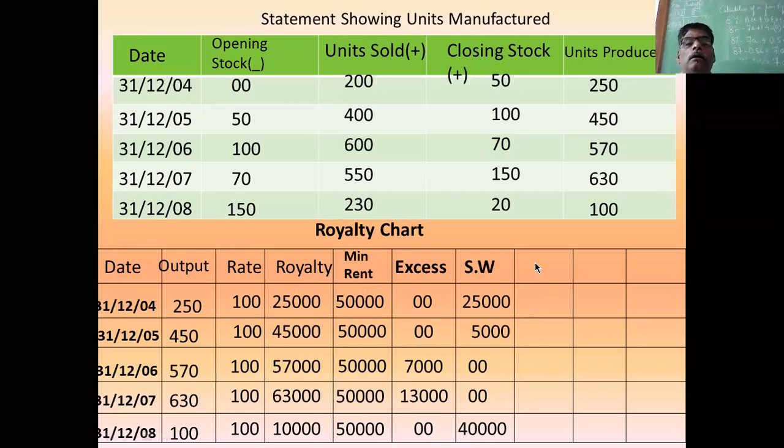Okay. Next is SWR. For recovery of short working, the next 2 years are given to you people. Okay. So first year not possible, second year not possible, third year you can recover 5,000.